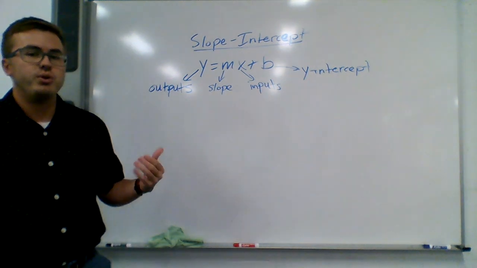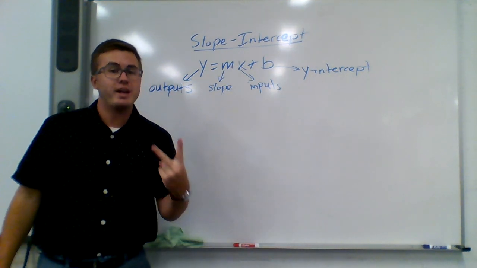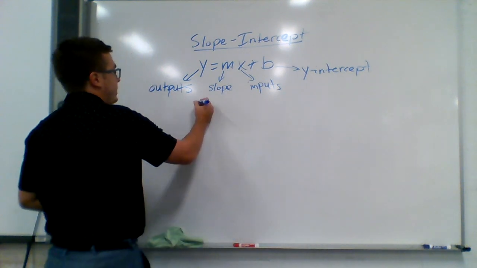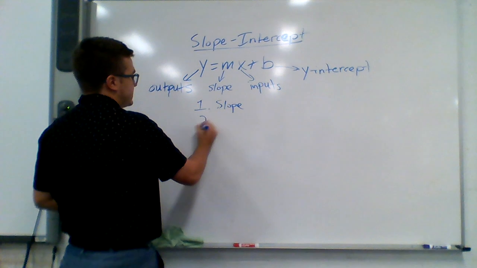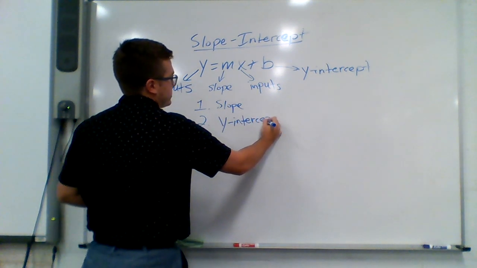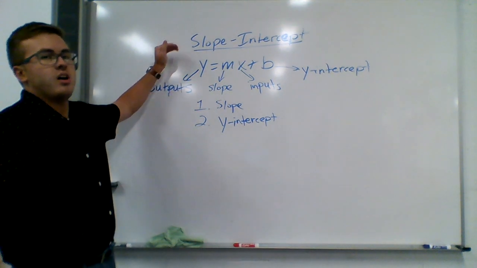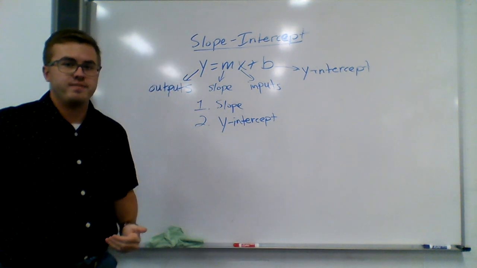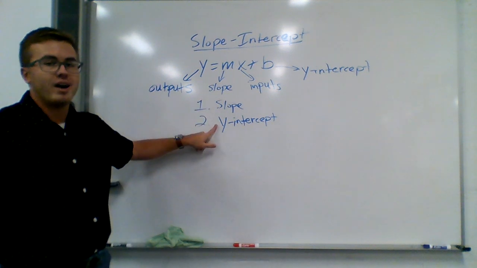So if they give you an equation in slope-intercept form, it tells you two major things. The first major thing that it tells you is the slope. Second thing is it tells you the y-intercept. And we know that from the title of this type of equation. So the two major things that it tells you is the slope and the y-intercept.